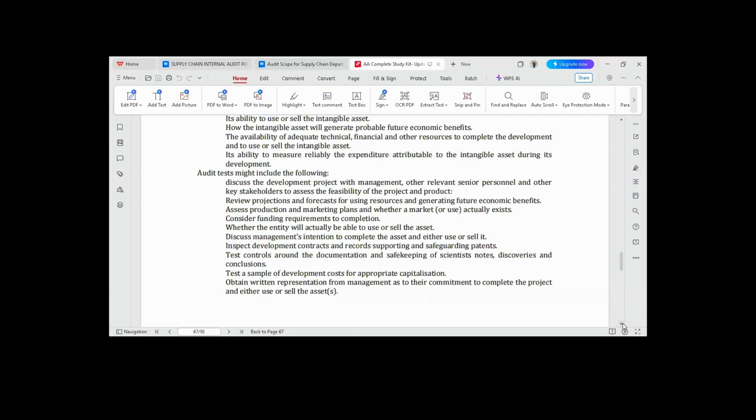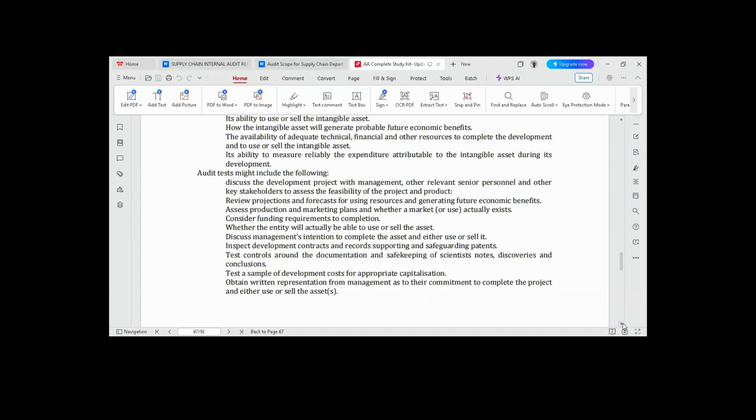Just like I said, with the Elon Musk spacecraft that he is trying to build, all the flow charts, all the scientists' notes, how they develop the manuscript, everything must be properly kept or safeguarded. Then test a sample of development costs for appropriate capitalization.